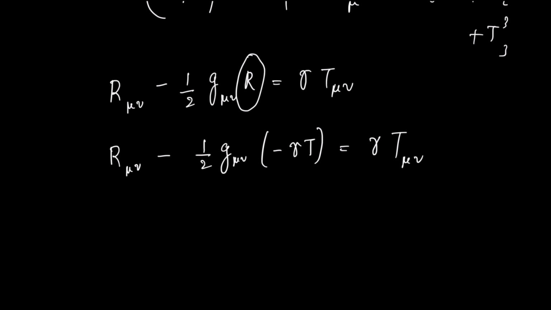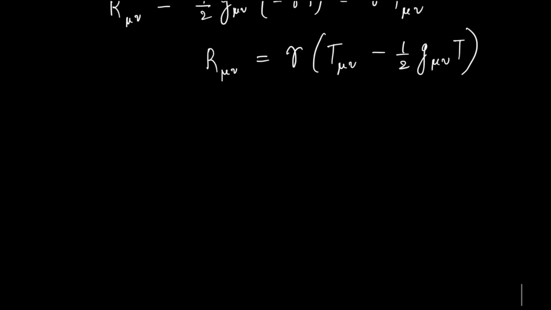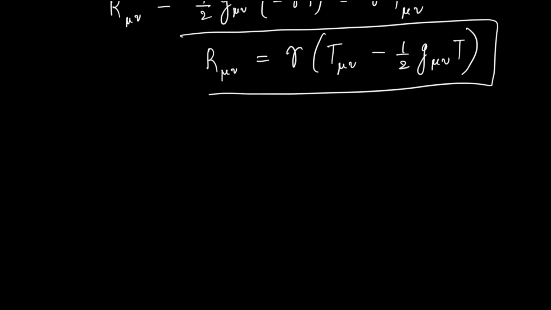Now I can rearrange and get R mu nu is equal to gamma, taking it outside, then T mu nu minus half g mu nu T. So here you can see the real connection.